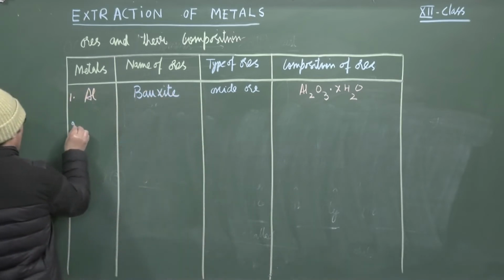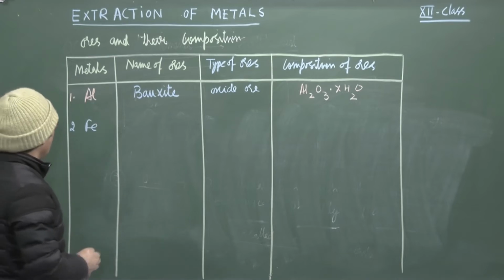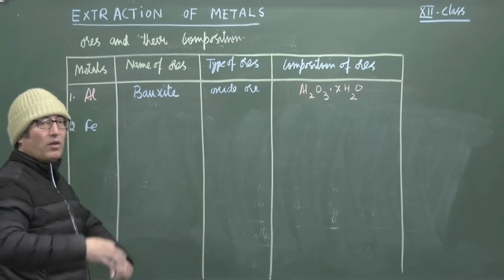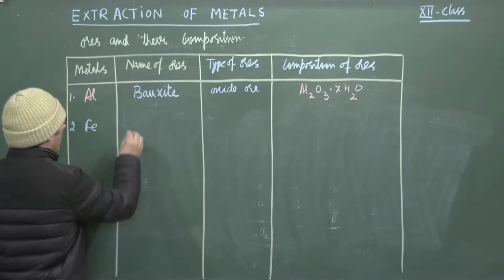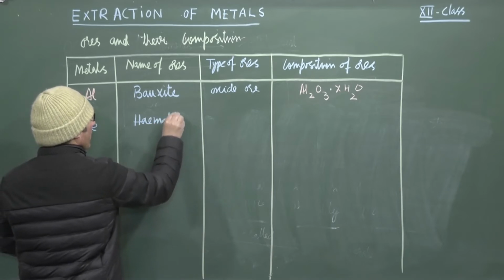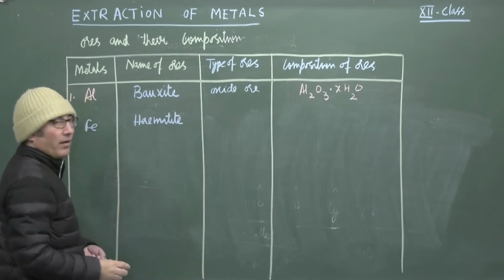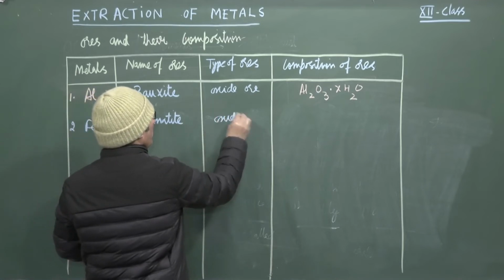The second metal is iron. It has many minerals, and also many ores. The principal ores are, one, hematite ore. The type of the ore is an oxide ore. What does it mean?